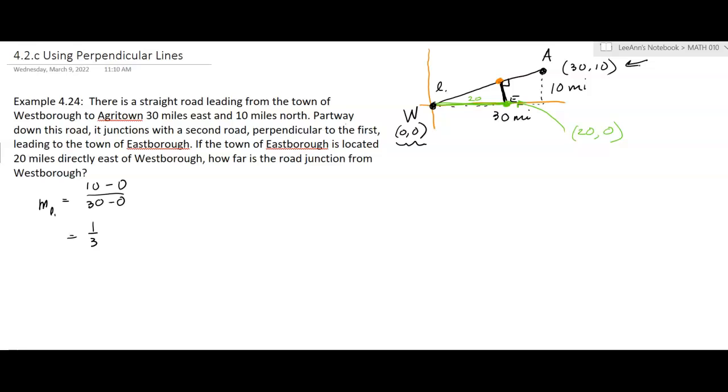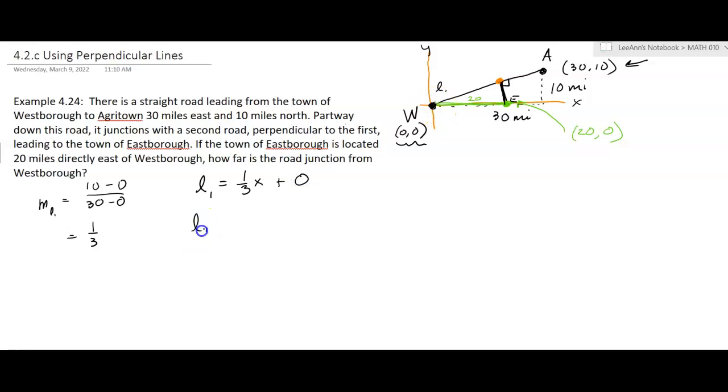So we could say the equation of line 1 is the slope, 1/3, times x. We'll just call this the x and y-axis like we're used to, plus 0 because the intercept is at the origin.